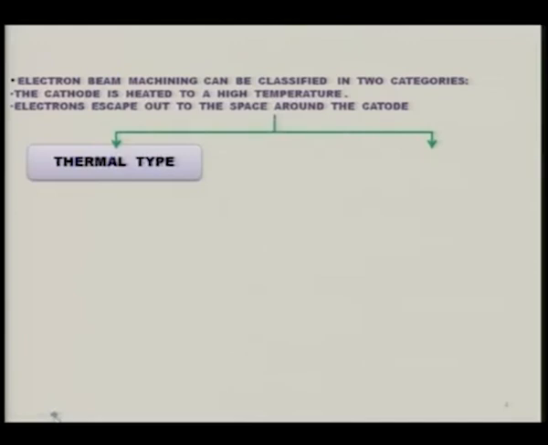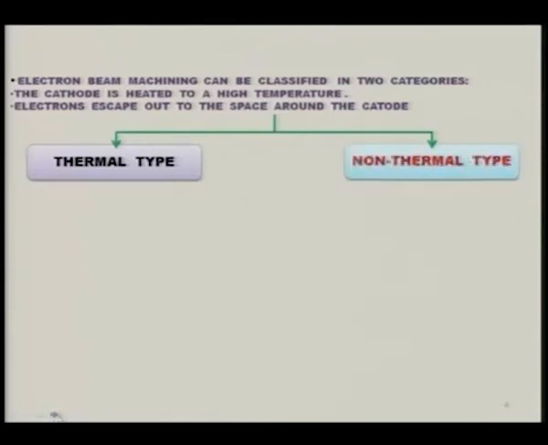Electron beam machining can be classified in two categories. The first one, the cathode is heated to a high temperature and electrons escape out to the space around the cathode, because the cathode is at a very high temperature. So those electrons are emitted. This first one is known as thermal type of electron beam machining process.